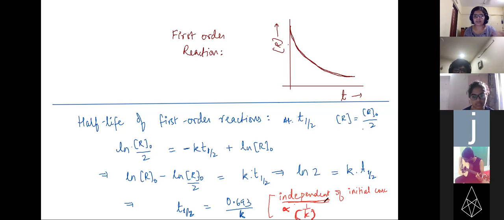It's a pure property of that particular chemical reaction. The only way you can change the rate constant is by manipulating the temperature.